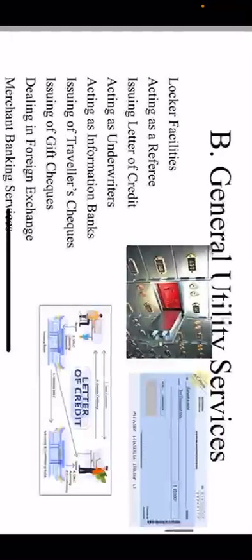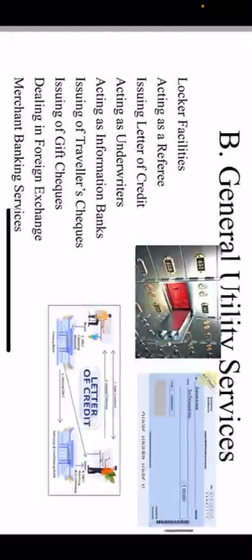Moving on to the next, we have general utility functions. What are the services given by the bank to its customer? One is the locker facility. You all know about it. A minimum deposit with the bank is required to have access to a locker. You'll be given a particular number and a key to the locker, and you can put all your precious belongings there, and no one else has authority.